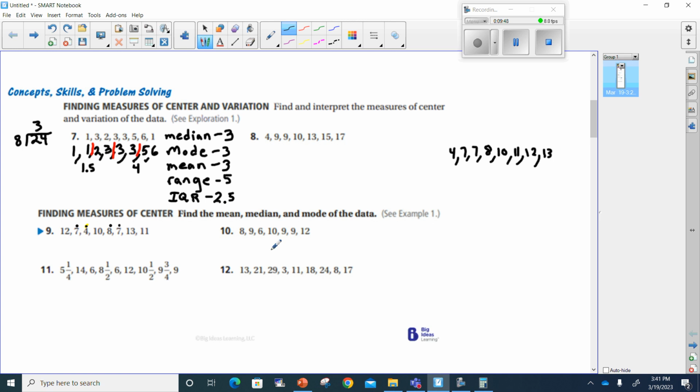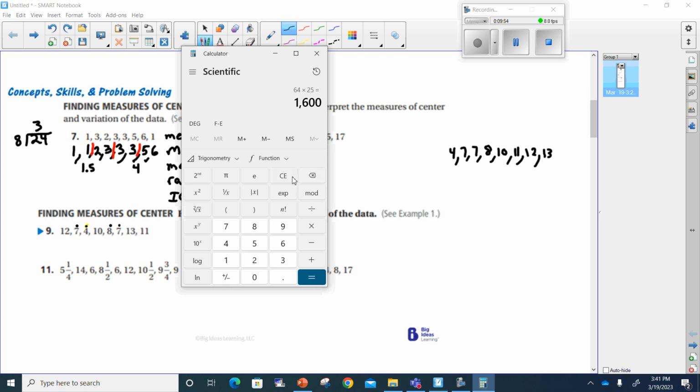Now, the mean, median, and mode. The mean is found by adding all these up and dividing by the number of numbers. So let's go ahead and add these up. We got 13 plus 12, that's 25. 25 plus 11 is 36. 36 plus 10 is 46. 46 plus 4 is 50. 50 plus 8 is 58.